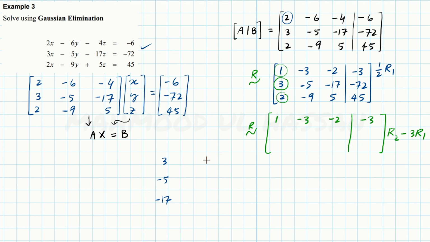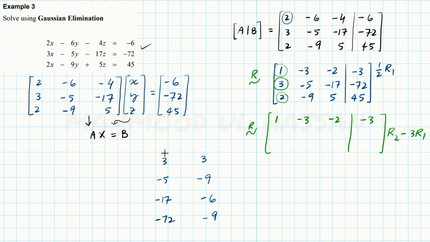The first element is 1, so 3 times 1 is 3. 3 times -3 is -9, and 3 times -2 is -6, and similarly 3 times -3 is again -9, and here also there is -72.